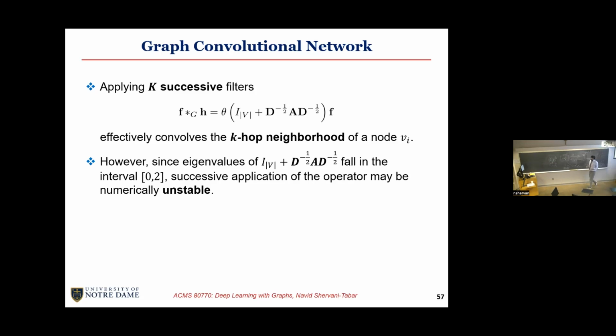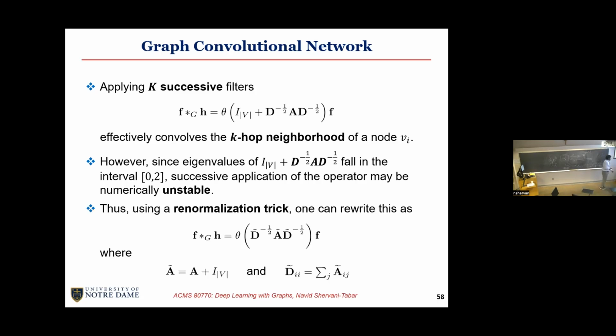In order to avoid that, we use something called the renormalization trick. By doing so, we are essentially redefining this relation: we add this I directly to the diagonal, basically to the A, and compute D based off of that. So I'm rewriting the convolution as theta times D tilde to the minus 1/2, A tilde, D tilde to the minus 1/2 f.